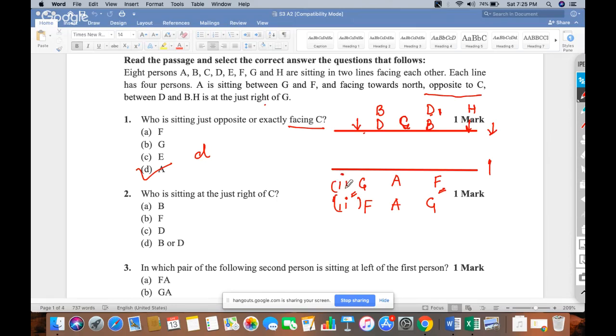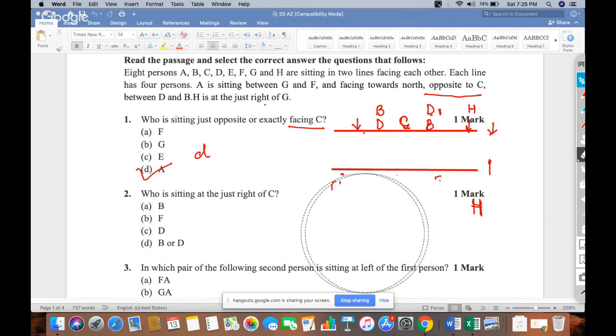So H is just on the right of G. So I'm just writing it down. Once again, I misread it. So if H is on the right of G, H would be here.